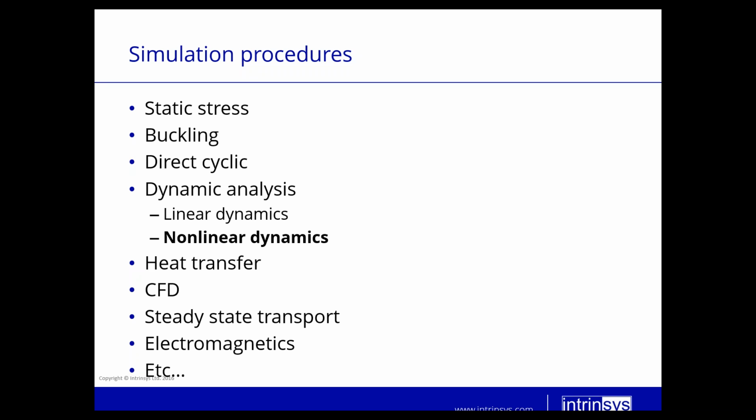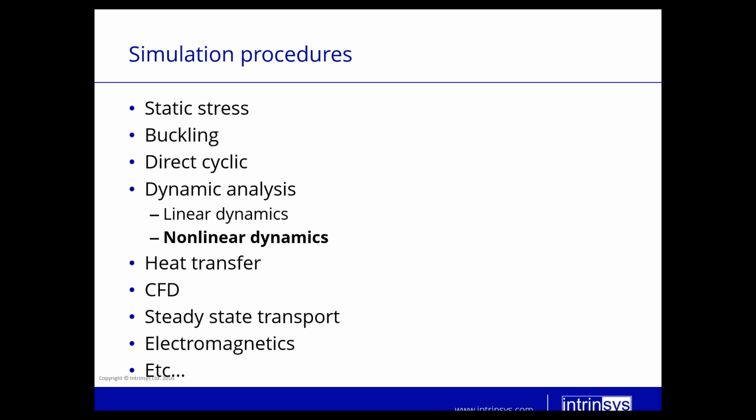which are more difficult or different in nature, so you cannot simulate them using the static procedure. For example, buckling, which is very important for slender and long structures. Also direct cycling, which is very important if you have small regions of yield in your structure.